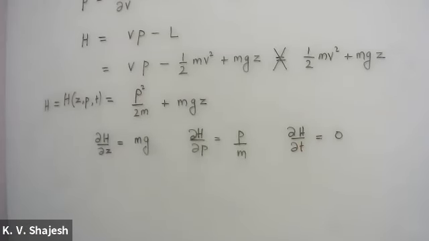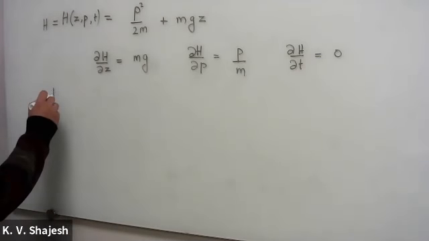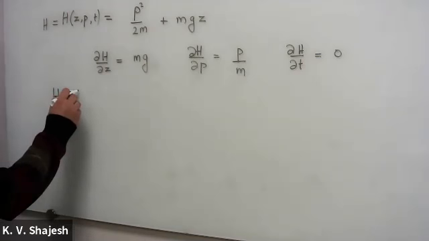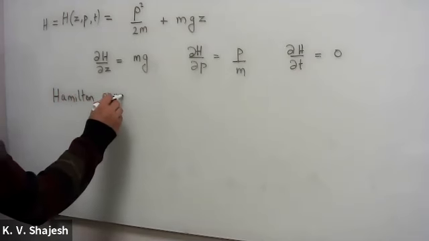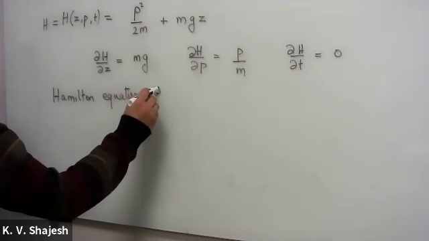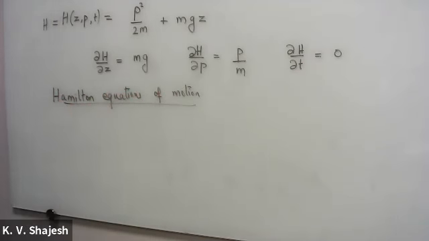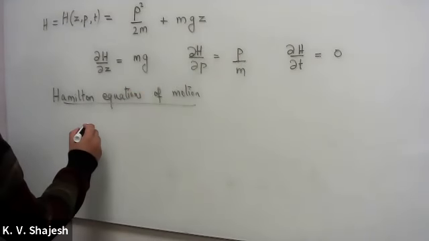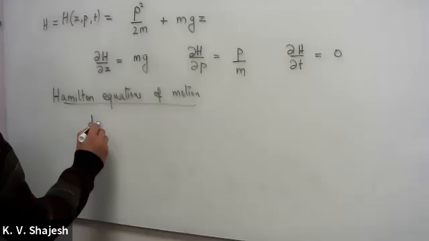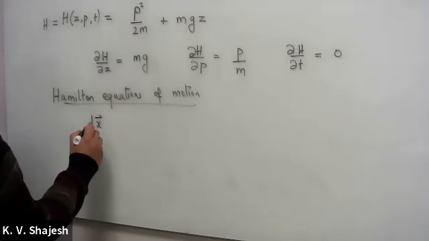In general, I haven't explicitly derived it, but it's a straightforward quantity that is what are called Hamilton's equations of motion. In general, always, which we will verify with this, the Hamiltonian depends on position and momentum.